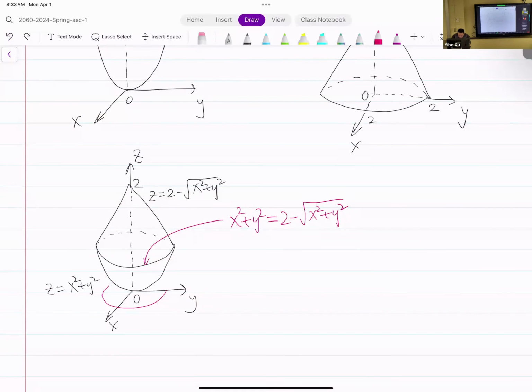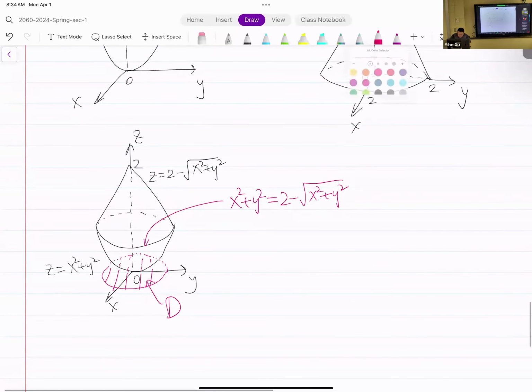So essentially, we want to describe the solid over the region that's exactly above this D. And that's the region D. Once we get this intersection, we'll know the solid is defined on what region, right?